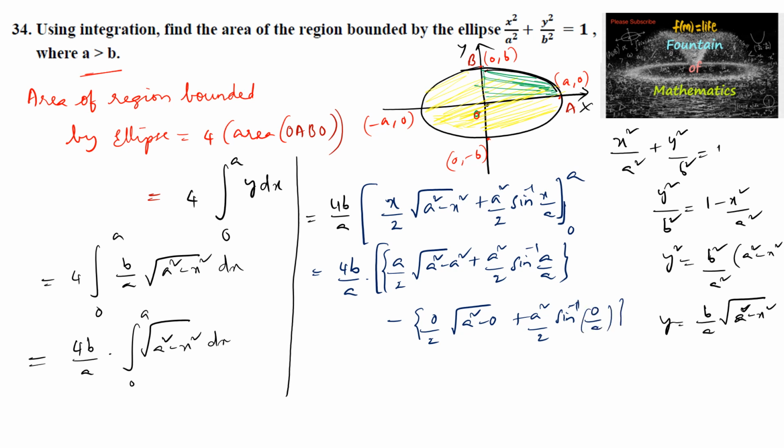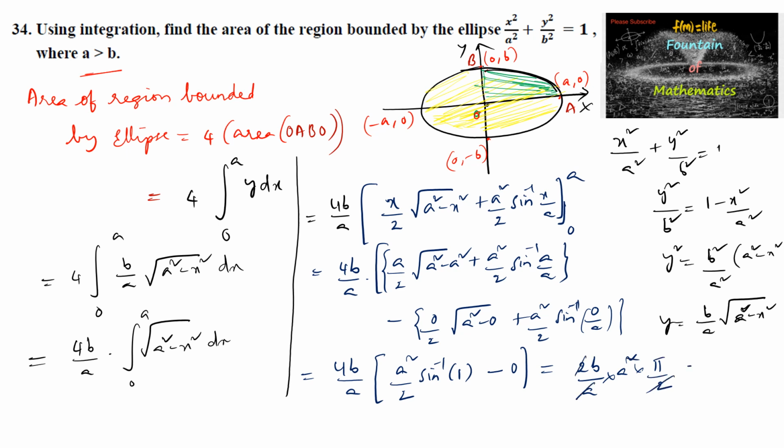upon a, which is equal to 4b by a. So here the first term is 0 and a square by 2 sine inverse of 1, and again the second term is totally 0, so we can write 2b upon a into a square, here sine inverse of 1 is pi by 2, so a gets cancelled and 2 gets cancelled, which is equal to pi ab.